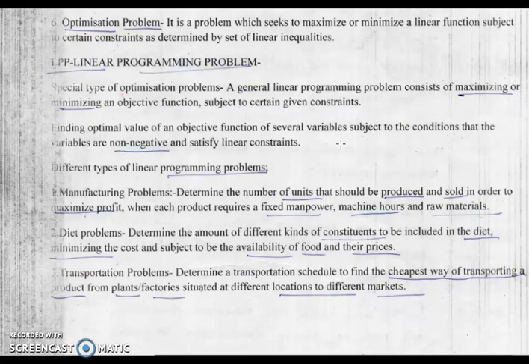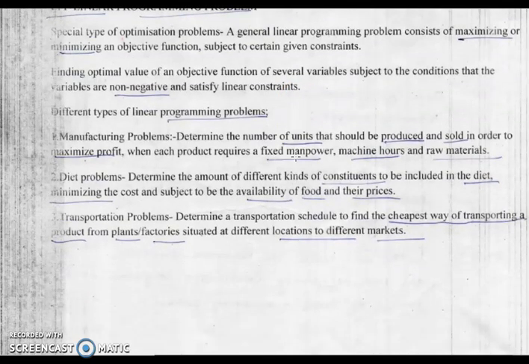A general linear programming problem consists of either maximization or minimization of an objective function subject to certain given constraints. Finding the optimal value of the objective function of several variables, the variables should be non-negative and satisfy the linear constraints.